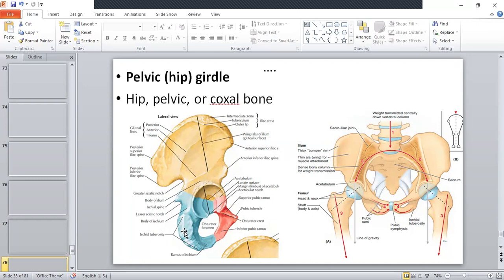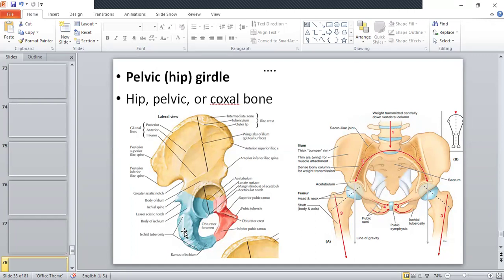On the ischium, you are going to find this roughened area. This roughened area is an example of a tuberosity, and because it is found on the ischium, it is called the ischiotuberosity.